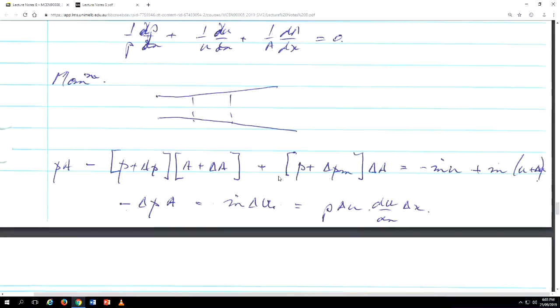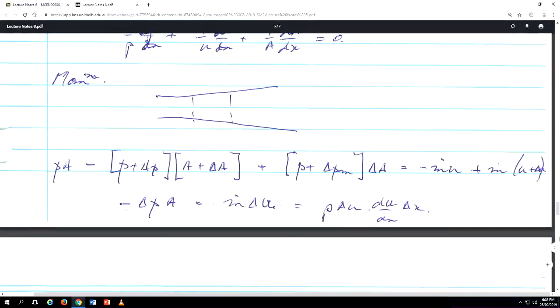So it'll be some average value of the pressure on this surface acting on delta A. So that's what I've done. I put it in there.